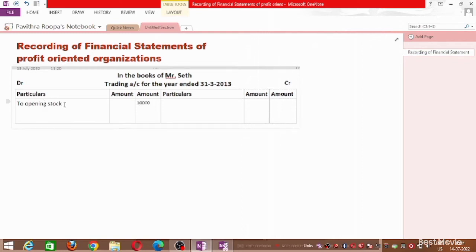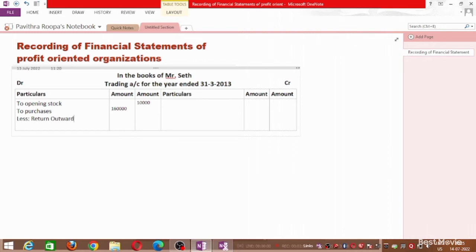Next, to purchases. I am using the inner column for the calculation purpose. The purchases amount is 1,60,000. For the purchases, we have to do certain adjustments. One is we have to less or deduct return outward or purchase return.